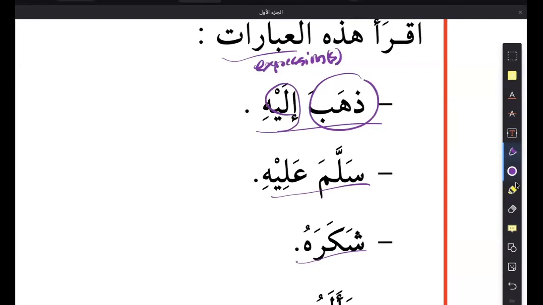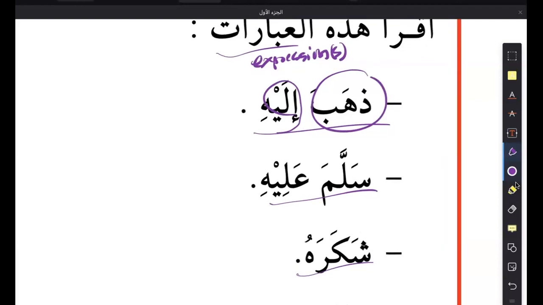There are some cases where it's allowed in certain situations, but by and large, right now, you should not use ذهب as a transitive verb. You cannot say ذهب him, like he went to him, or ذهب مكة, he went to Makkah. No, you need a preposition. You need to say ذهب إلى مكة.